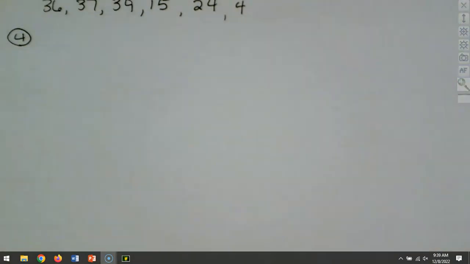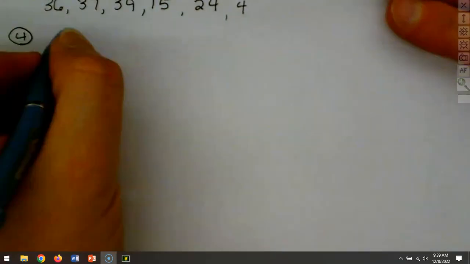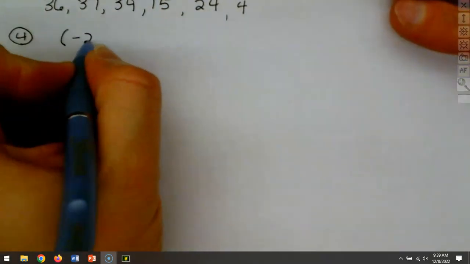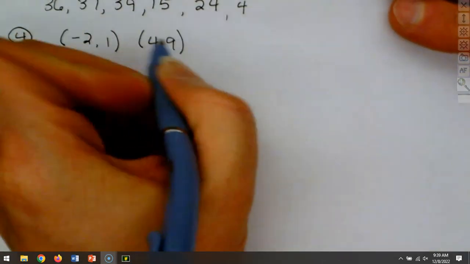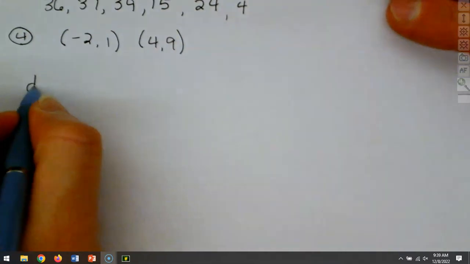Okay, so let's make sure we know what to do here. They give you the 2 points. Now the key word there is diameter. So we've got this point -2, +1, and we've got 4, 9. Now let's go ahead and set up our distance formula.